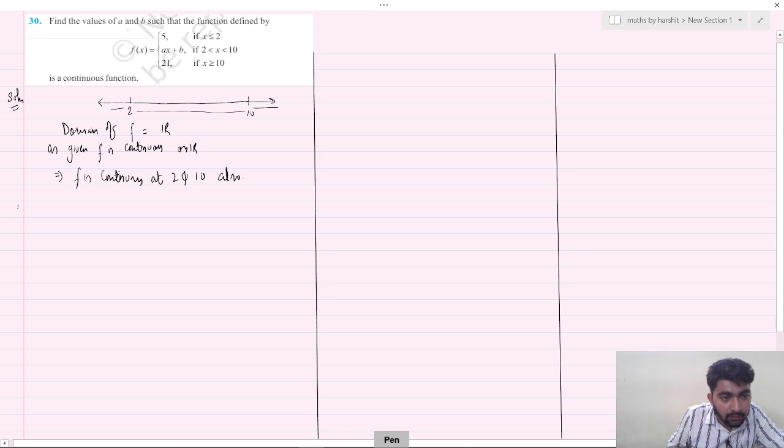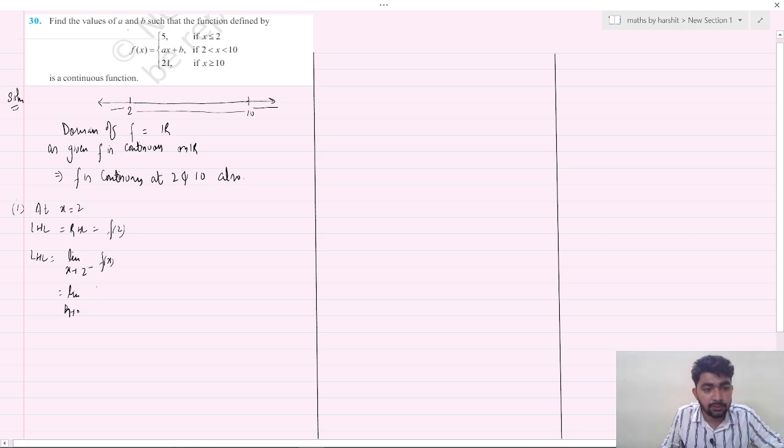Start with x equal to 2, the first part we will discuss. At x equal to 2 the function is continuous, so LHL equals RHL equals f of 2, because the function is continuous at 2. So what is your LHL? LHL is limit x tends to 2 negative f of x, which is limit h tends to 0 f of 2 minus h.